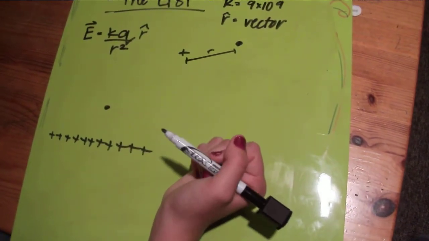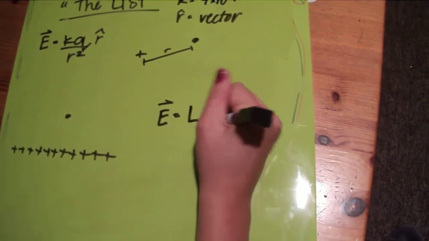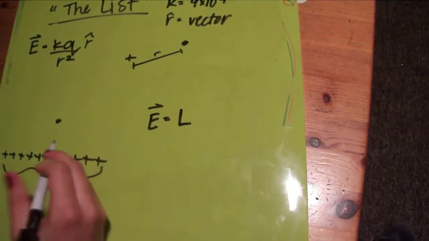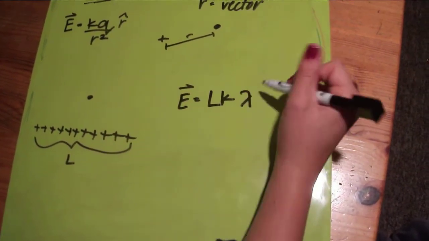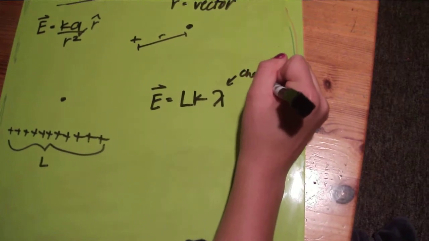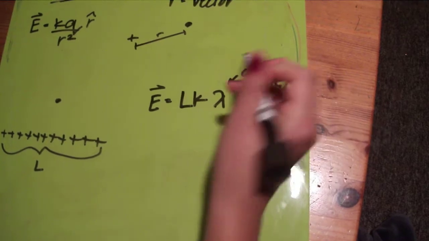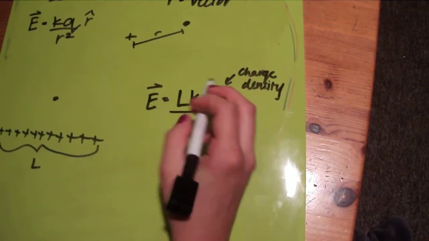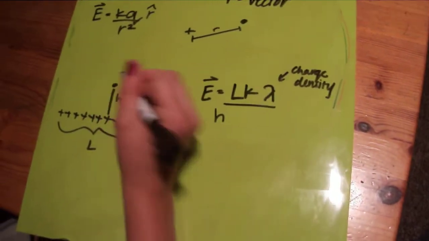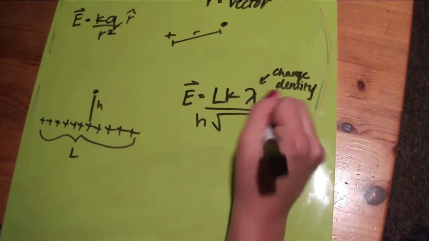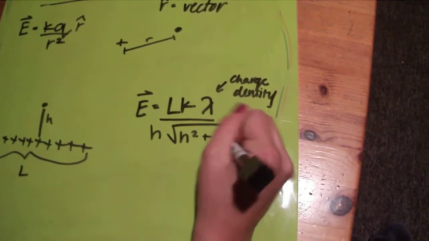To start out with that, the vector of the electric field equals the length of the line times k, lambda is the charge density, over h, this is h, root h squared plus L over 2 squared.